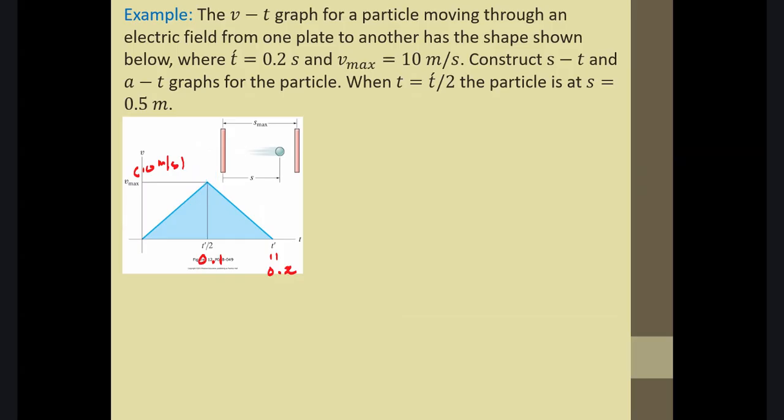Construct the ST graph and AT graph for the particle. When time is 0.1 seconds, because t prime is 0.2 seconds, 0.2 divided by 2 is 0.1, the particle is at 0.5 meter. Okay, then we need to find a velocity function.